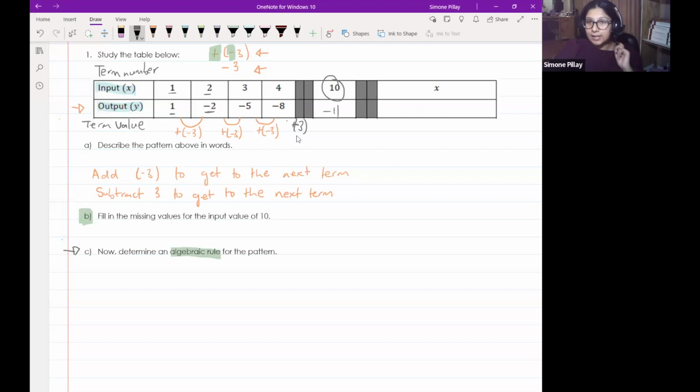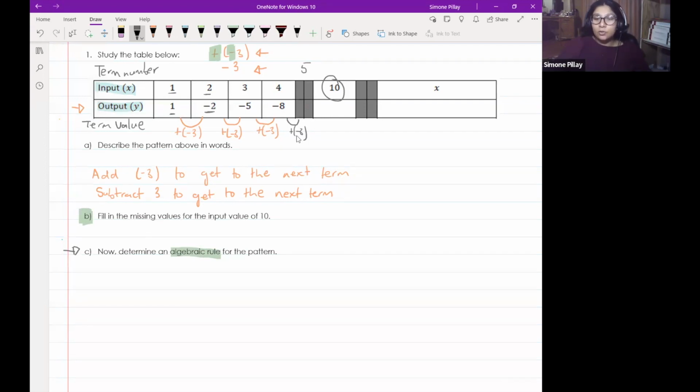It doesn't work like that. And I'll show you why now in a second. To get to term 5, I can say -8 plus -3. That's how that works. So to get to term 10, it would mean I have to plus -3, plus -3, plus -3 until I get to the 10th term, to the 10th number in my pattern.